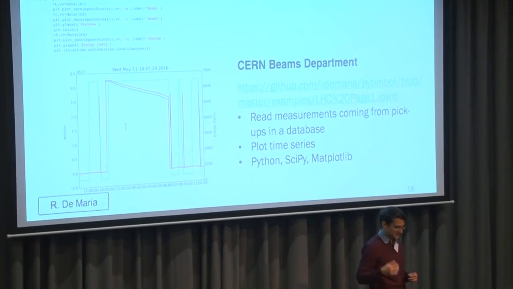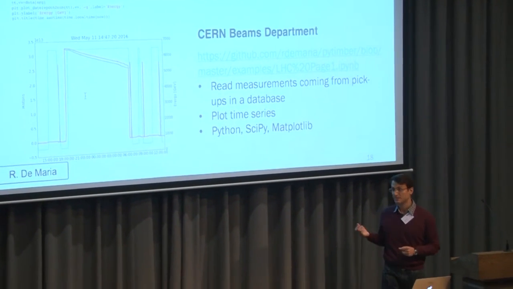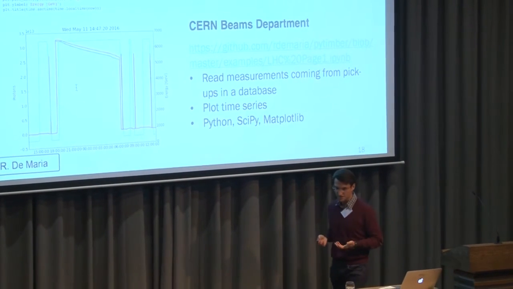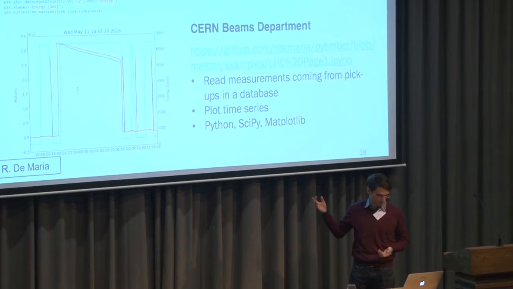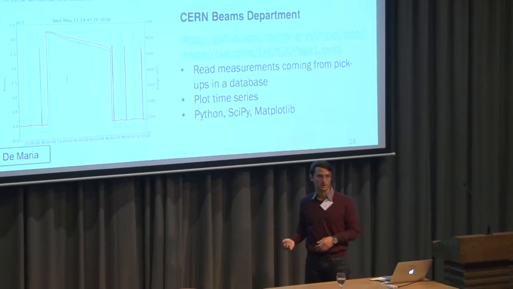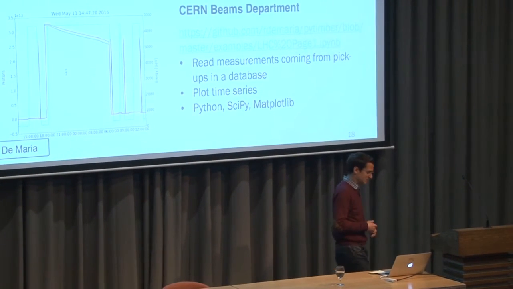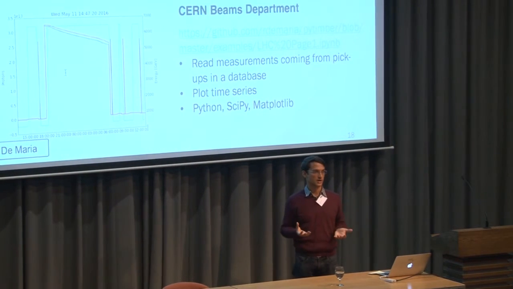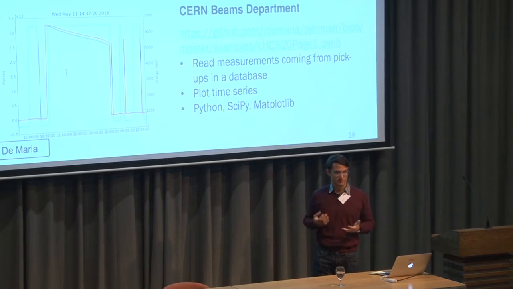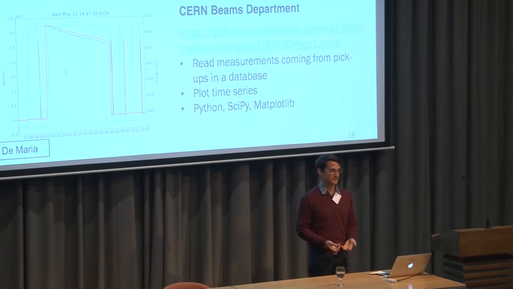This is an example of physics, but we also have people with different needs and that use different tools. And this is an example of the BEAMS department at CERN. In this case, they don't use ROOT. They use other libraries like the Python ecosystem, SciPy, Matplotlib for plotting.